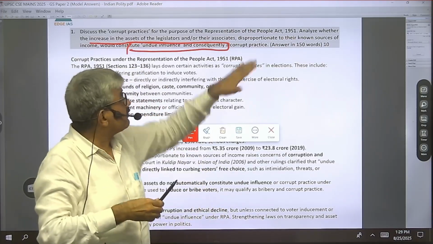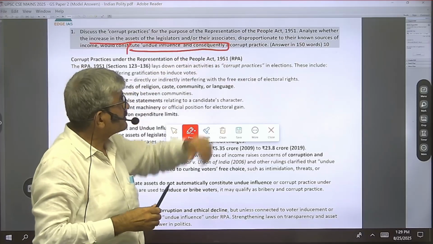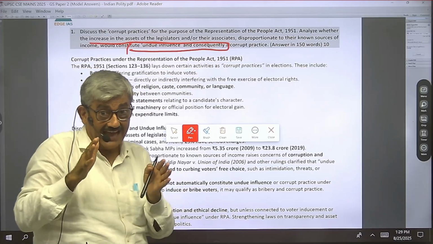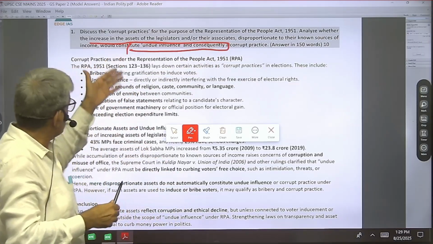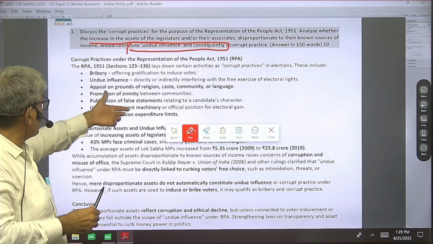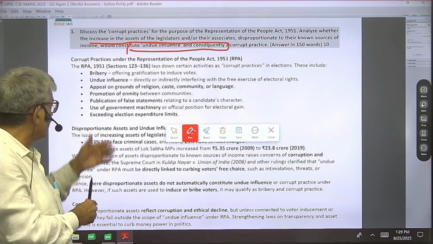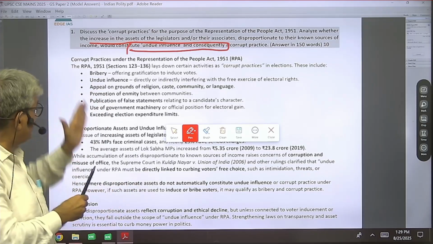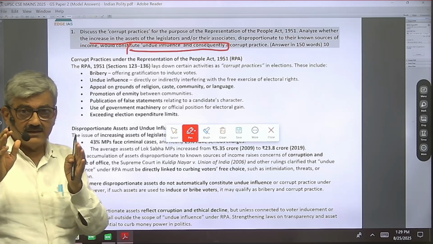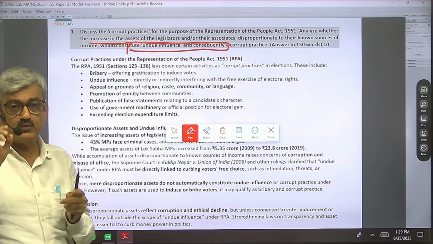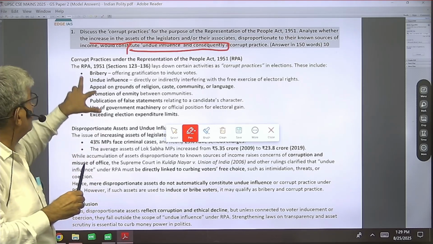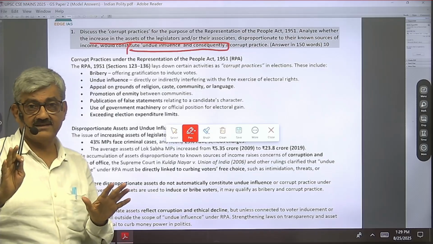So we are supposed to handle the question from the Representation of People's Act 1951 angle. These are bribery, undue influence, appeal on grounds of religion, promotion of enmity, publication of false statements. These are the items which have been categorized as corrupt practices.